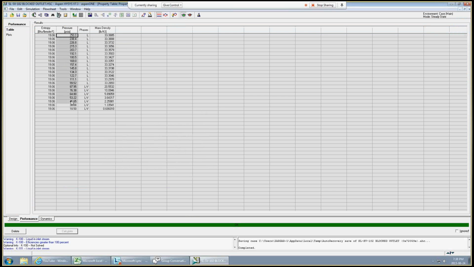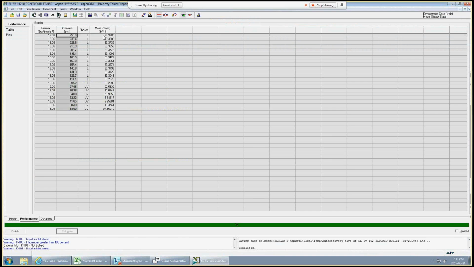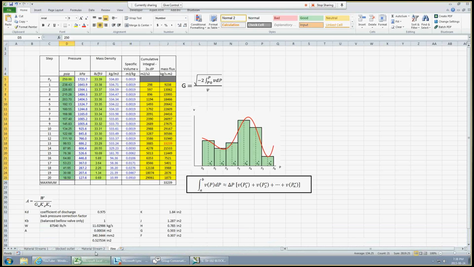So now the only thing we need to do is to copy these pressures and paste them into our Excel sheet. And also copy the mass density and paste them into our Excel sheet.